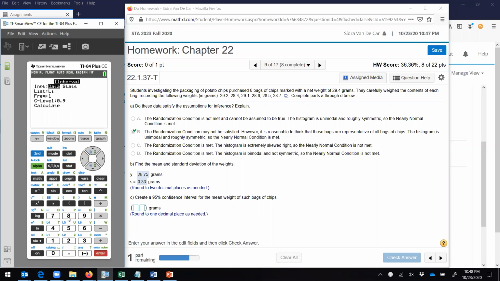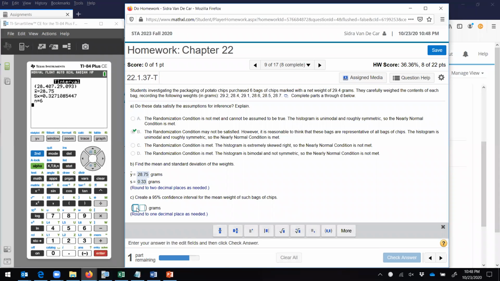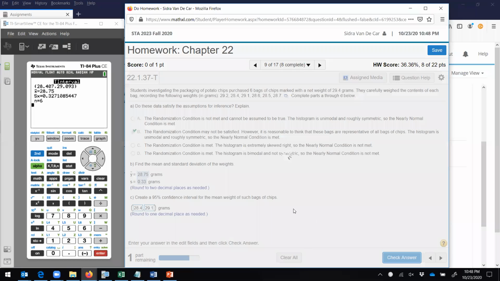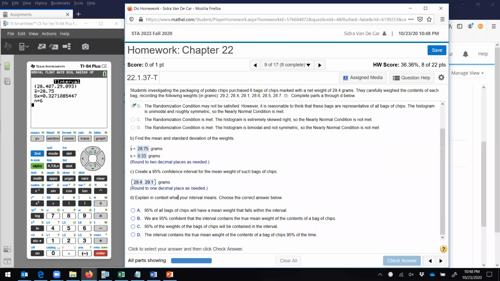This time we have the data, list 1, and we want a 95% interval, to 1 decimal place. Explain what it means. We are 95% confident that the interval contains the true mean.